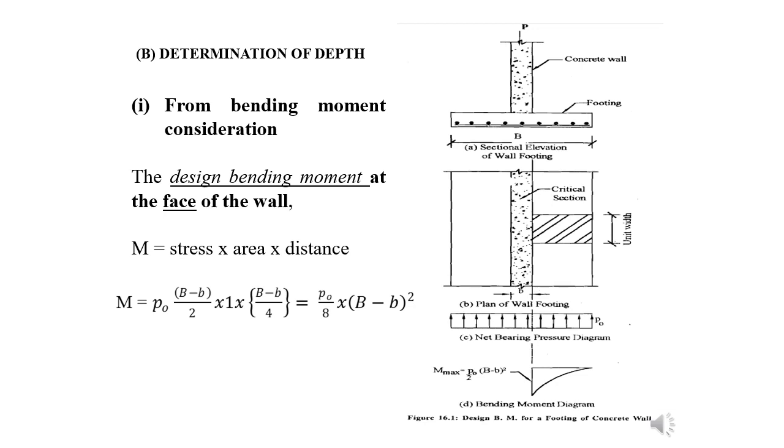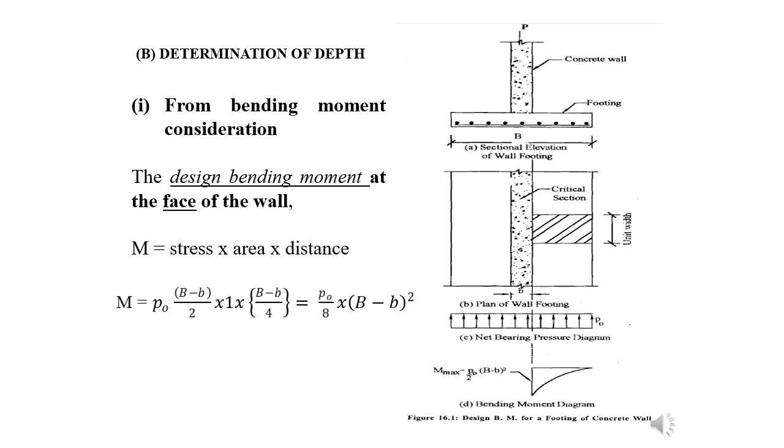Per unit length we can take, so (B minus b)/2 is the width in this case, into 1 per unit length. So this will be the area, this will be the stress, and this will be the distance.